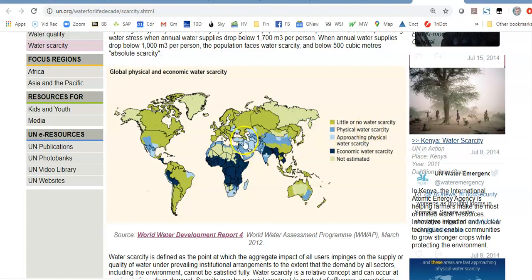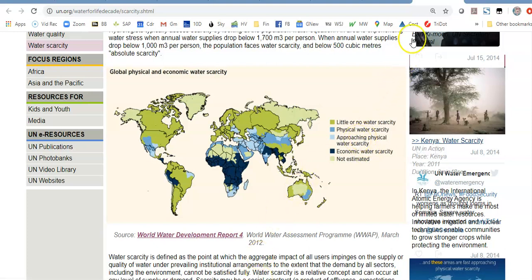Some areas do, which we haven't yet defined in terms of physical versus economic. Physical water scarcity means there is literally not enough, or that is approaching it, water stressed. But then there are huge swaths, especially sub-Saharan Africa and parts of India, China, and South America, that have economic water scarcity as opposed to physical water scarcity.